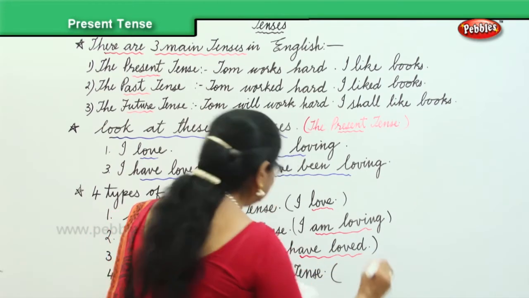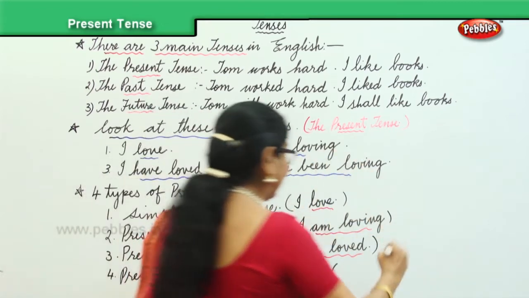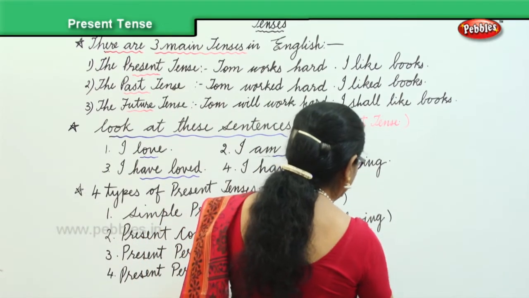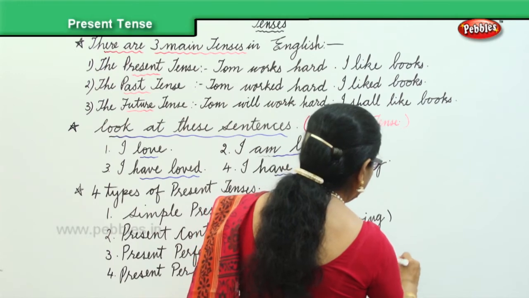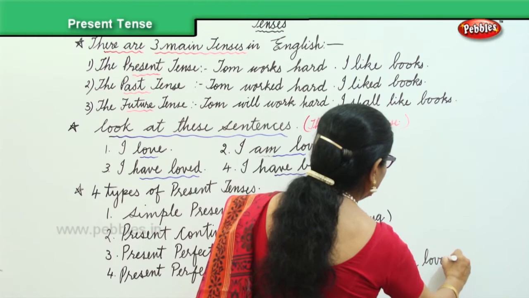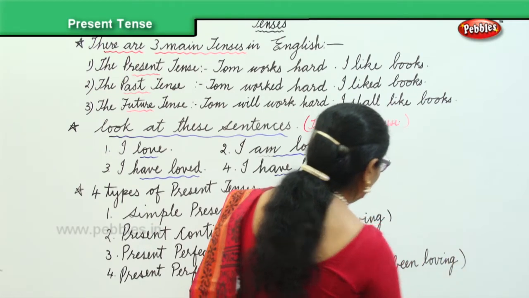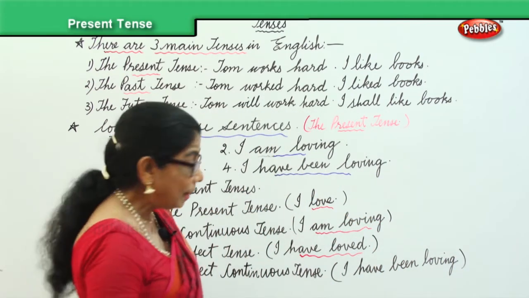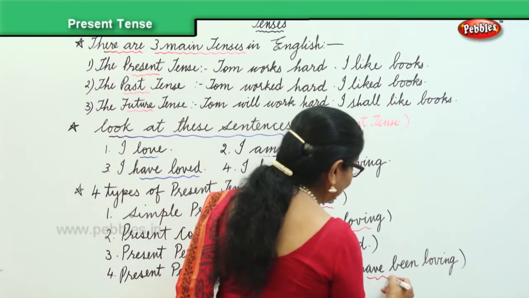And the example is, I have been loving. And what is that verb there? Have been loving is the verb.